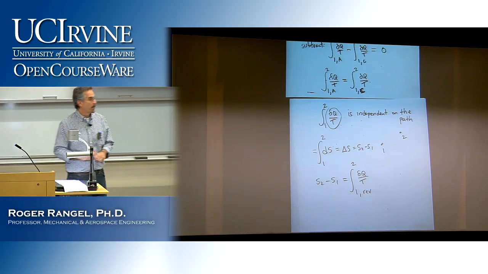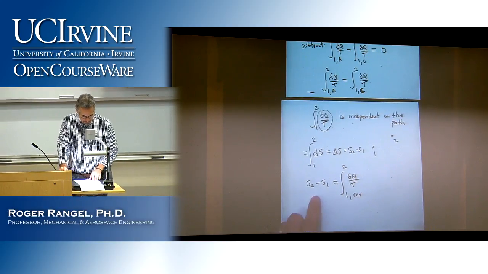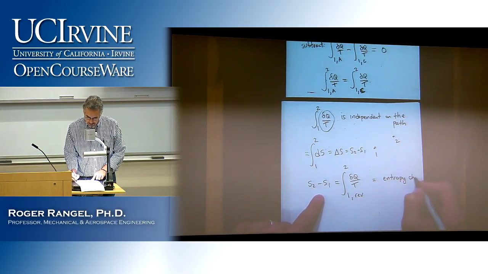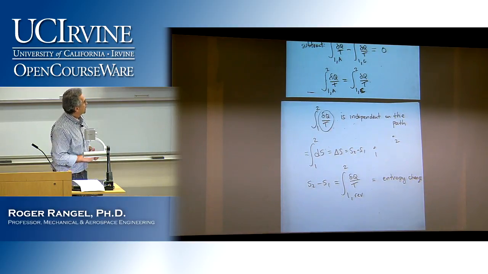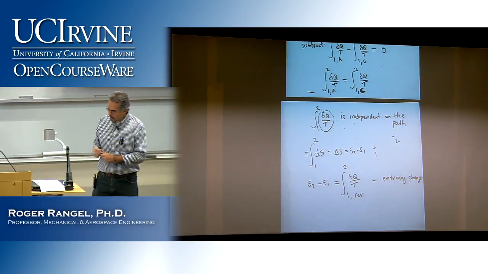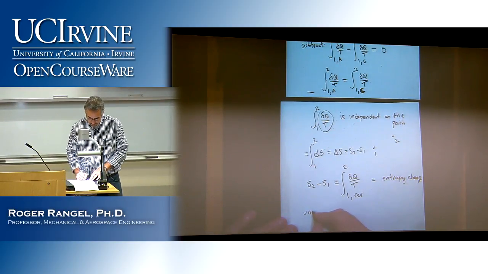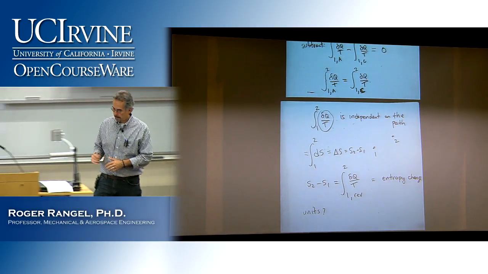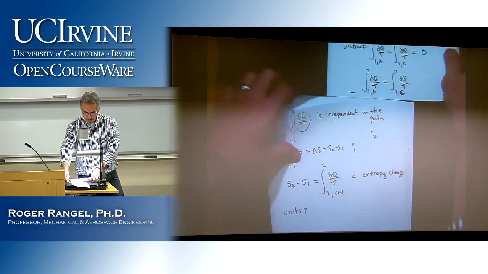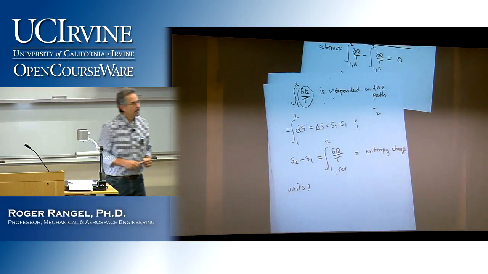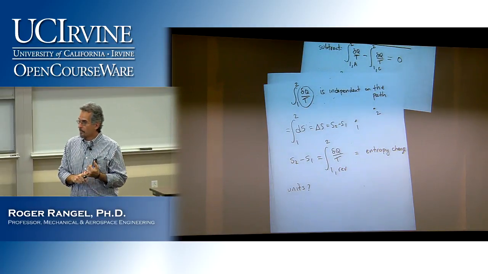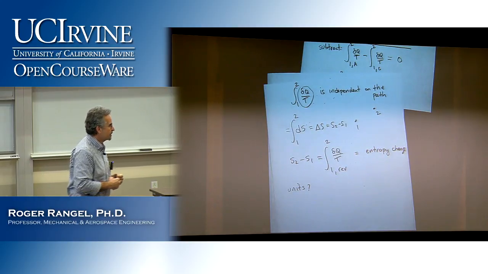So we just came up with this new property that we call, of course, entropy. In this case, it is an entropy change, okay? Because it's a delta S. What are the units of this property? By matching sides, it has to be the same units as heat transfer divided by temperature, right?